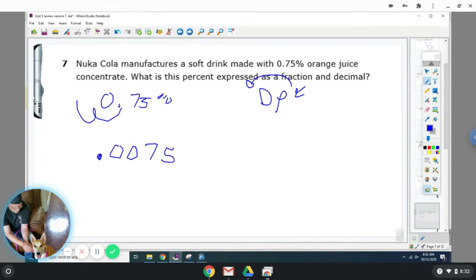So now we need to write this as a fraction. What you can do is take this and put it over whatever place this is. So this is the tenths, hundredths, thousandths, ten-thousandths. So it would be 75 over 10,000. I kind of already know this will end up with a 3 on the top and a 4 on the bottom, it just depends on how many times.